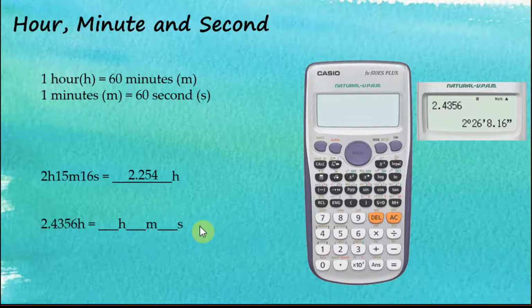Okay, so let's just put 8 seconds. So 2 hours, 26 minutes, 8 seconds. Okay, so you should realize that this is very useful for calculations that involve the units of time, to convert hours, minutes, seconds to just hours, or hours in decimal place to hours, minutes, and seconds.